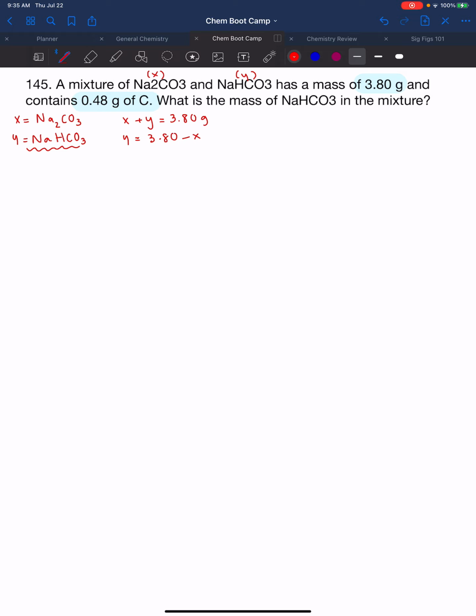So we know that X equals the grams of that. So we're going to do moles. We're going to change colors. We know that moles of sodium carbonate, we have the mass divided by the molar mass, the AMU.